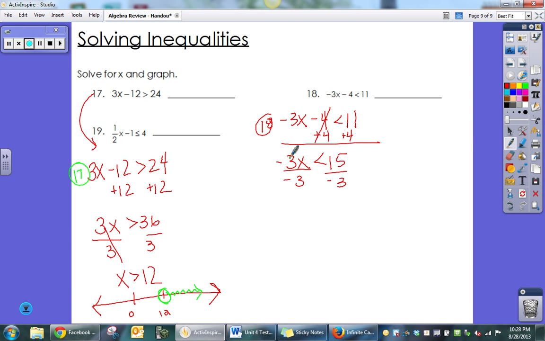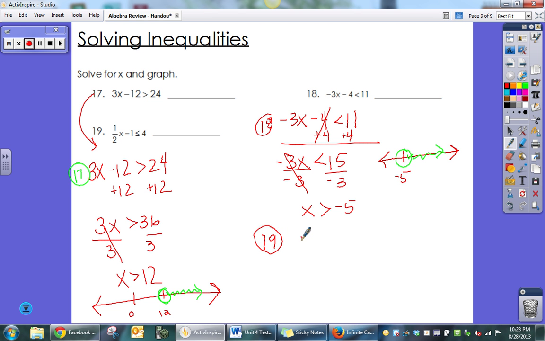Remember, when I divide by a negative with an inequality, I switch my inequality sign, and that becomes x is greater than negative 5. I've got negative 5 here, and it's an open circle because it's just greater than, and to the right for greater than. So both pieces are my answer, both the inequality as well as the visual graphical representation.